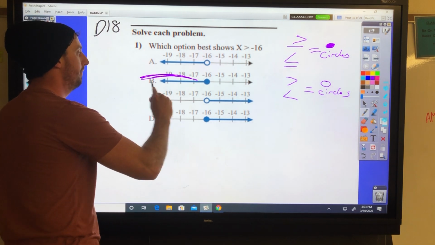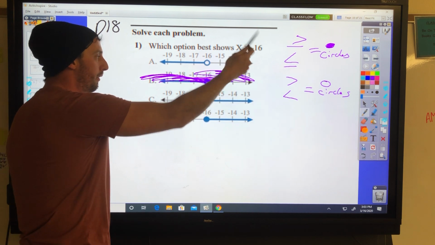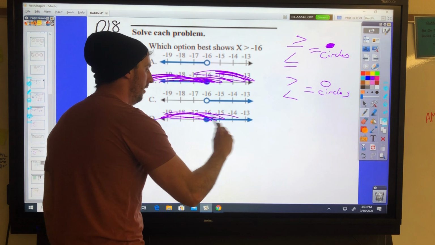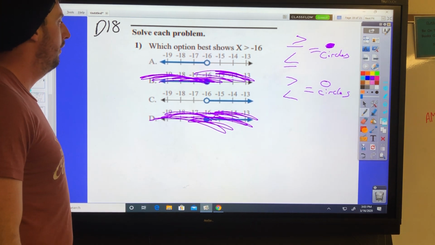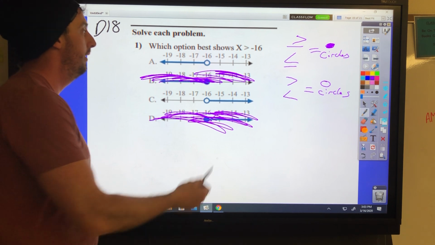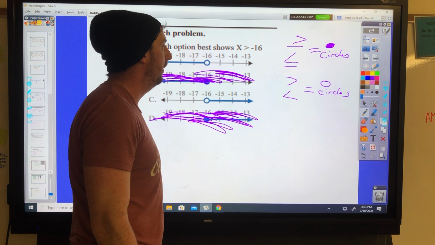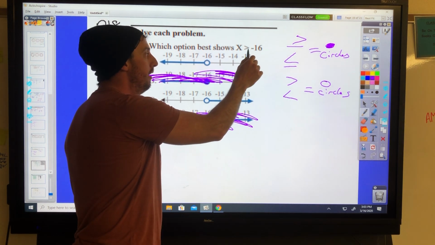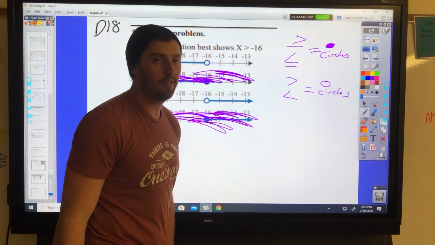It can't be B, because it has a closed circle, because it says greater than, not greater than or equal to. I can also cross out D, because that also has a closed circle. So remember, any number, x, that's greater than negative 16. Let me give you a little hint here. The inequality symbol, the way it's pointing is the way in which the arrow has to go.